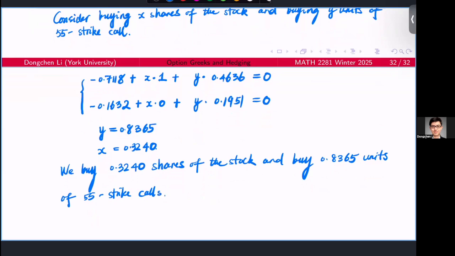The resulting portfolio is not sensitive to changes in both stock price and changes in volatility.